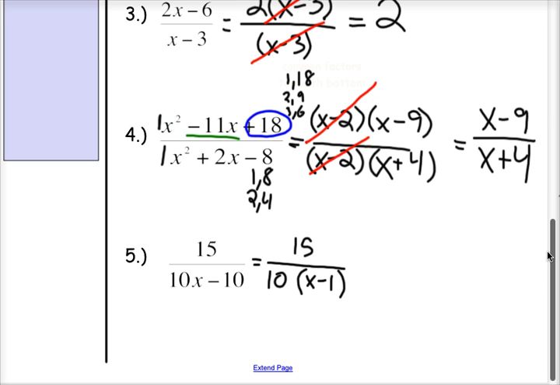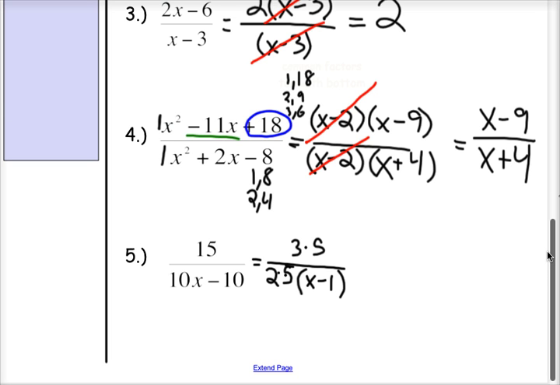So when I factor 10 out, I'm left with x minus 1. Now, on the surface it may look like there's nothing that's the same. However, notice the two numbers. After I pull out that 10, what I'm going to notice is 15 is really 3 times 5. That 10 is really 2 times 5.